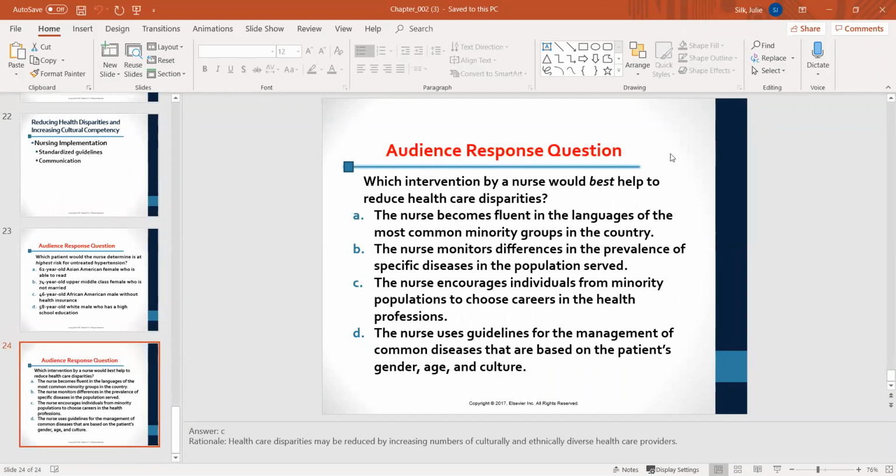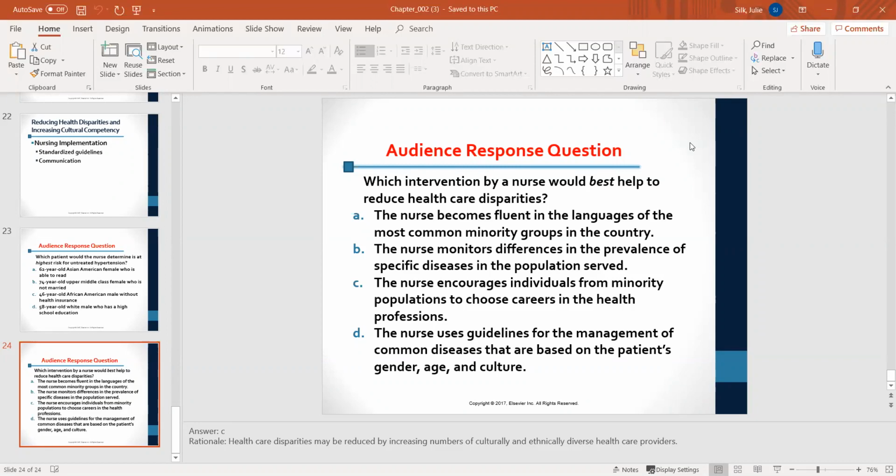So which intervention by a nurse would best help to reduce healthcare disparities? Well, when I think of disparities, the first thing I think of is culture and race.